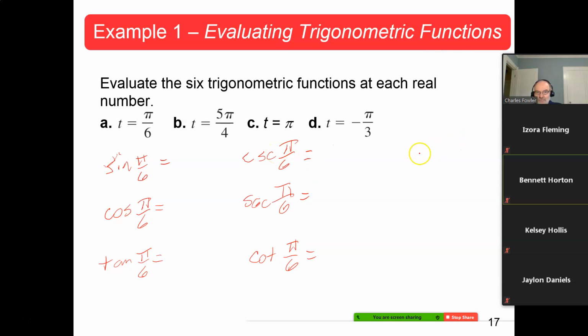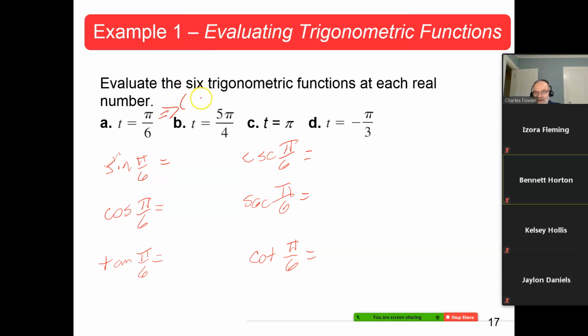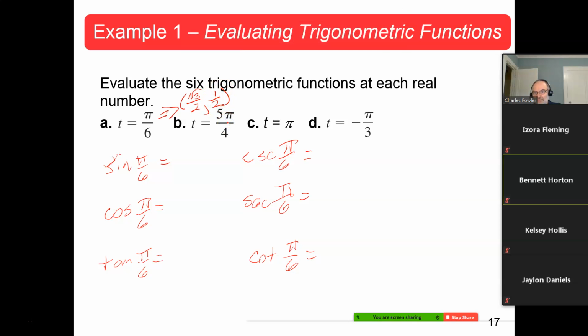The xy point for t equal pi over 6 corresponds to this point right here. If you remember, the x value was root 3 over 2, the y value was 1/2. Do you recall that? Go back and look.